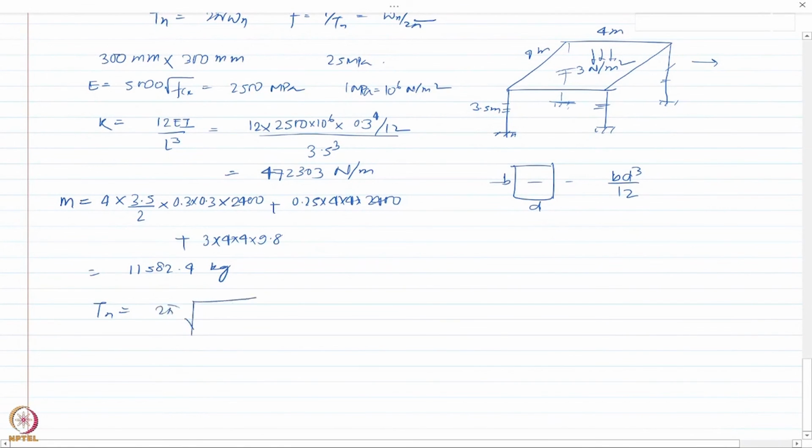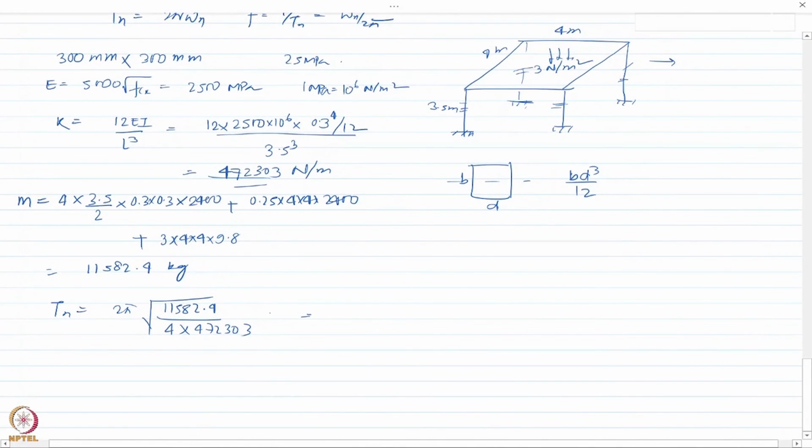So the mass, and then I have 4 of these columns here. I get it approximately as 0.5 second.